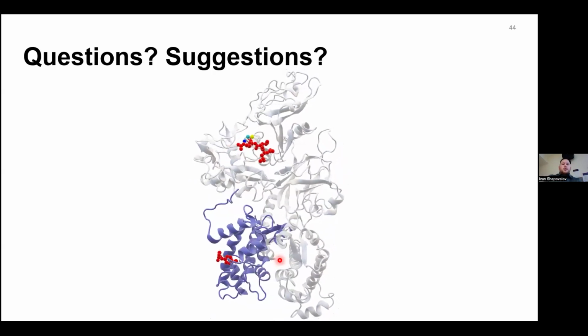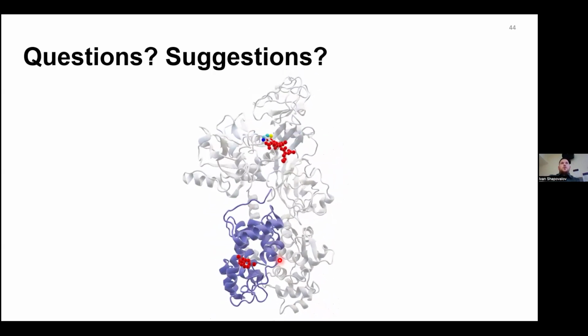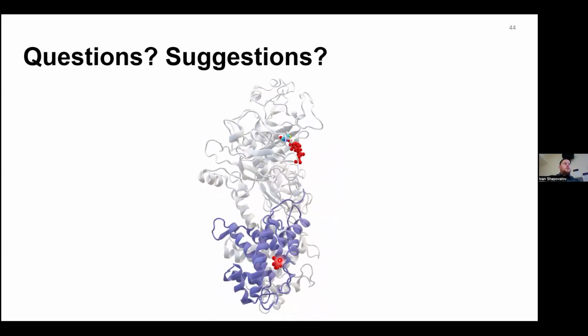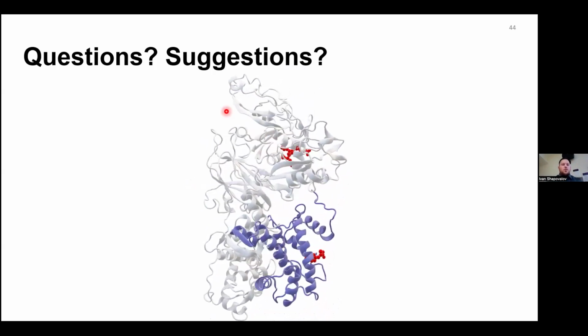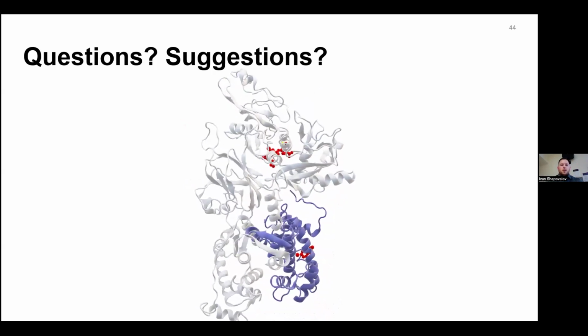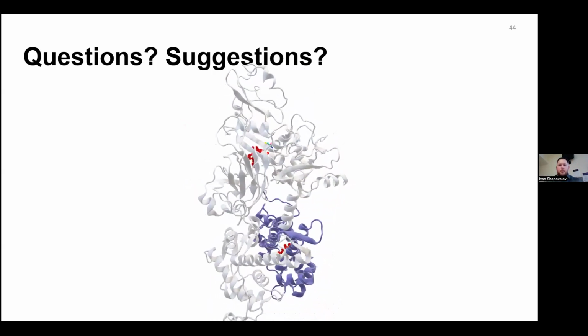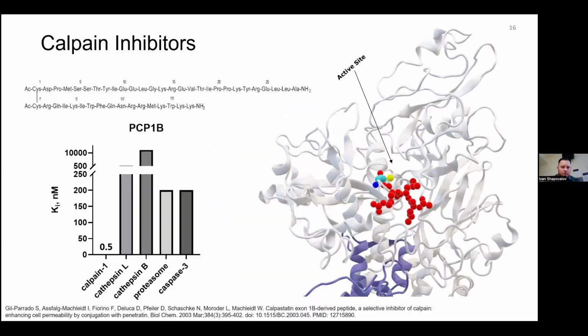Yeah, so that's the way that we're trying to approach that PROTAC type pharmaceutical. We actually are trying to do something similar to what people did with that one compound that I showed before, PCB1B. So here, that's the primary sequence that we know binds to the active site of Calpain but doesn't get cleaved.